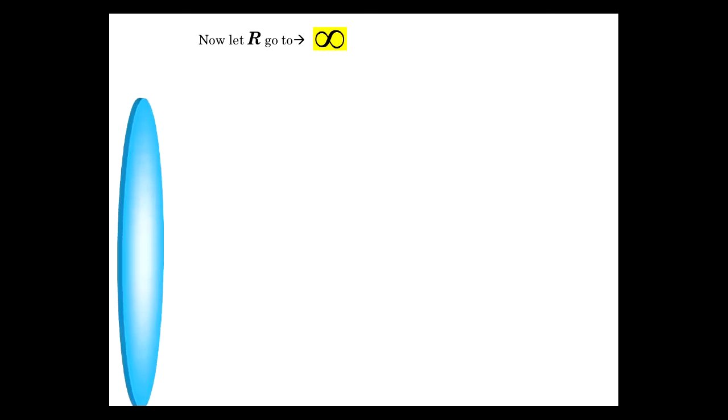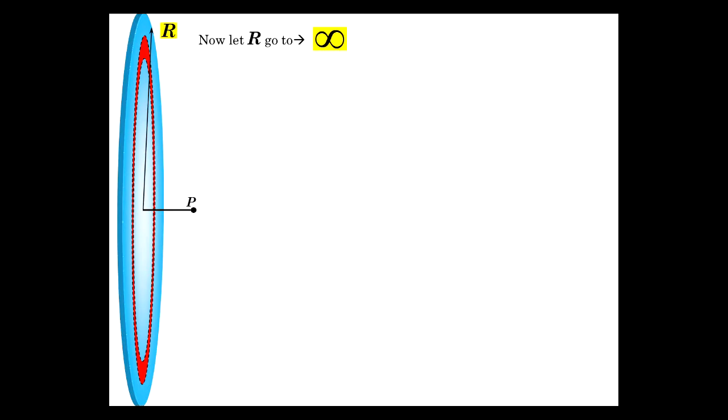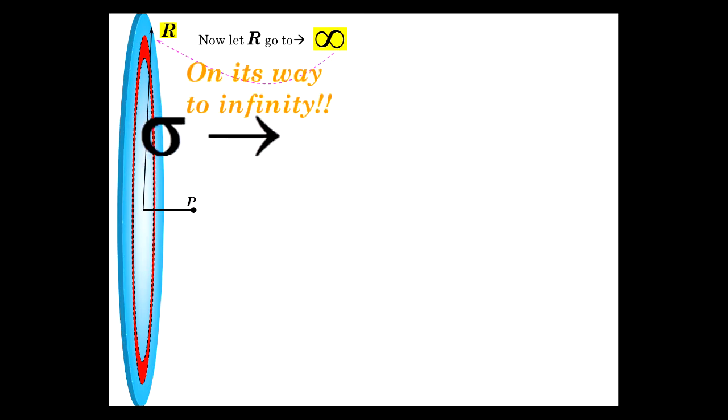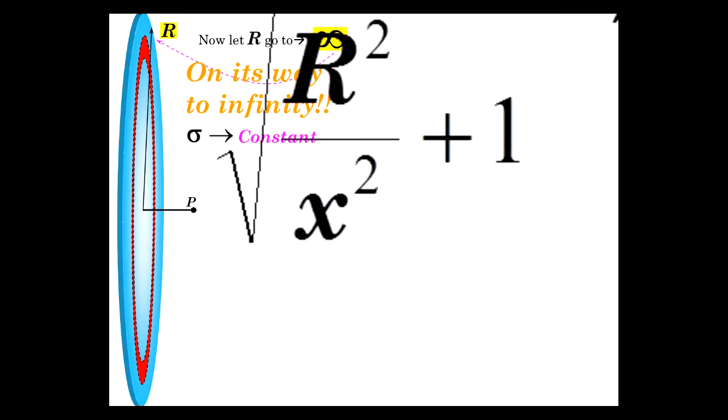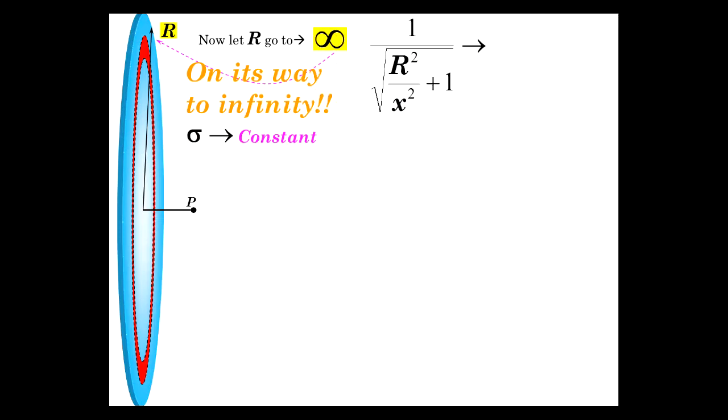So here is our disk going to infinite radius, and we put a ring of charge within it, and sigma is constant. The quantity 1 over (R squared over x squared plus 1) is what we derived before from looking at the finite disk situation, the stegosaurus.